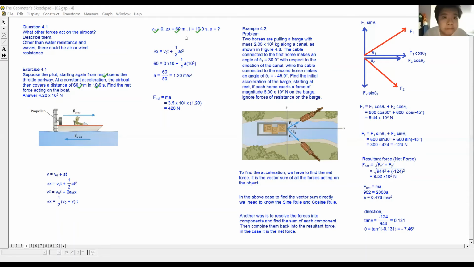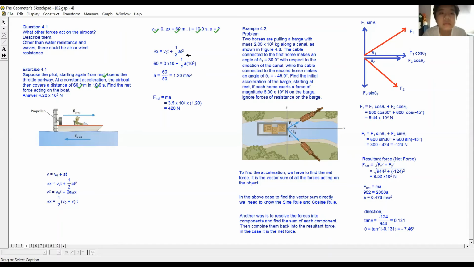So from here, we are supposed to find the acceleration. If we look at all these four equations here, which one has all these four quantities? Initial velocity, displacement, time, and acceleration. So there's only one equation, the second one.